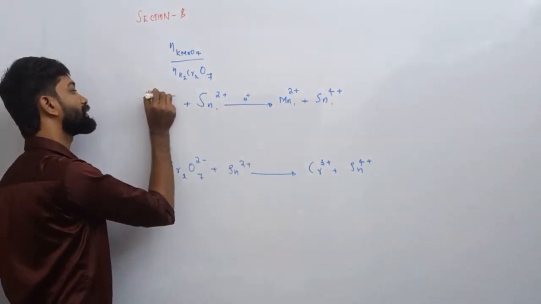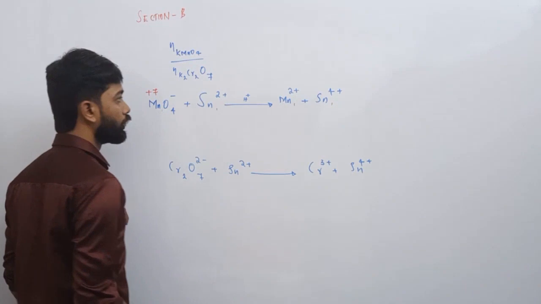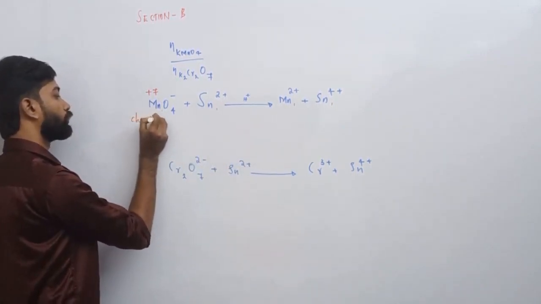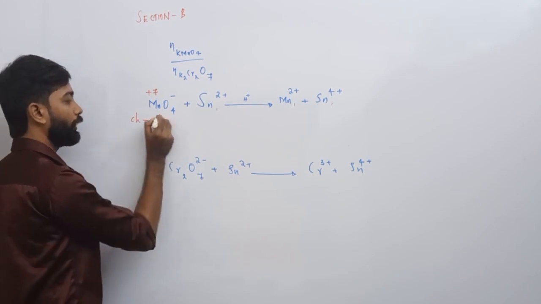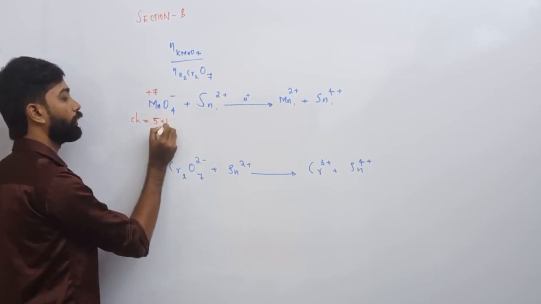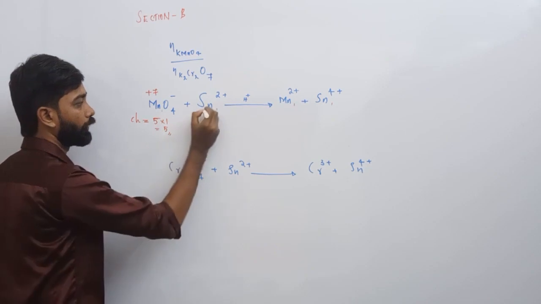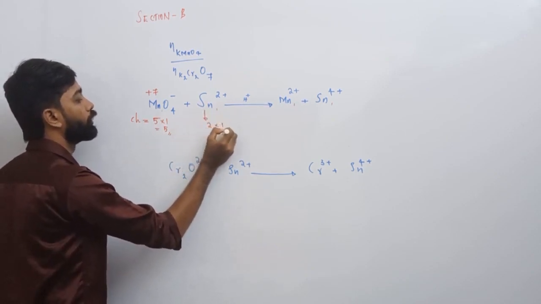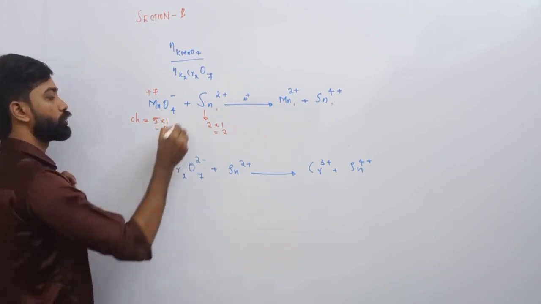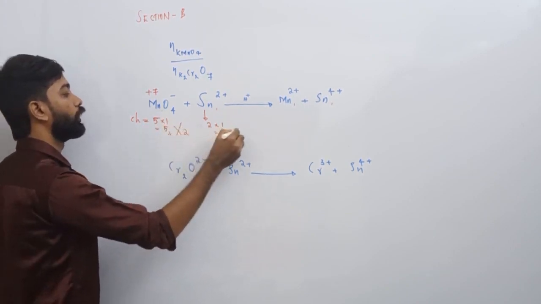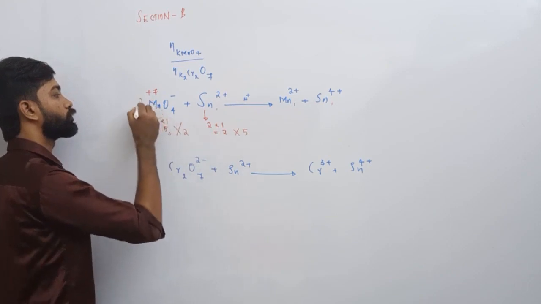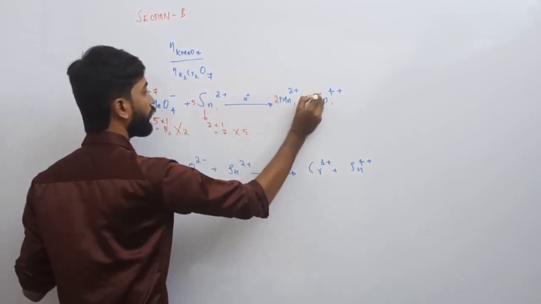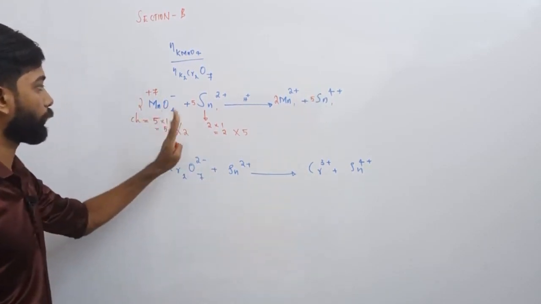The oxidation state of manganese is +7, and the change is 7 to 2, so the total change is 5. For tin, the change in oxidation state is 2 to 4, total change 2. So you multiply with 2 on manganese and 5 on tin.